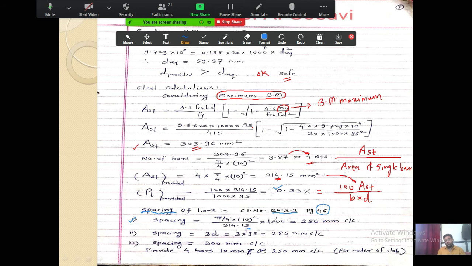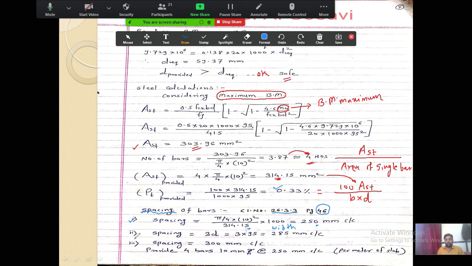Always remember, this is multiplied by width. In our case the width is 1000. If you multiply by 1000 you will get 250 mm center to center. So the first value of spacing we got is 250 mm center to center.